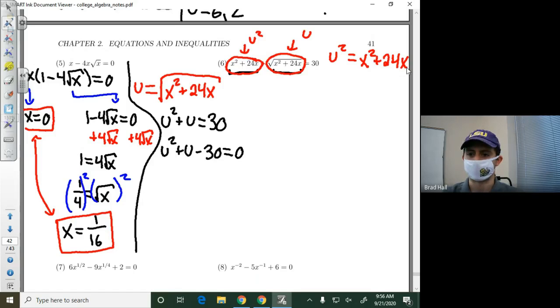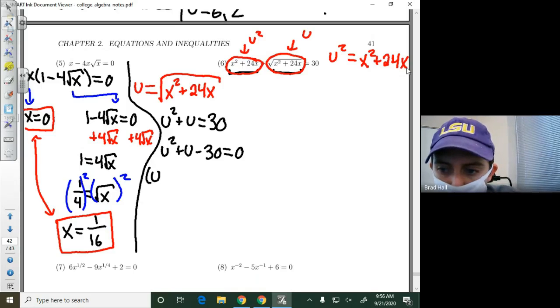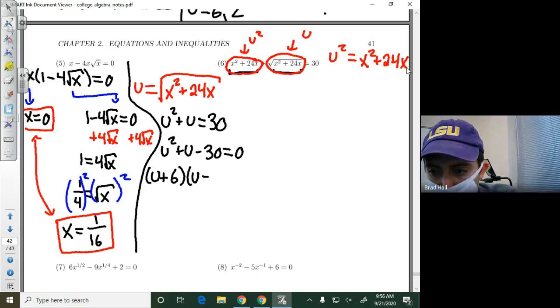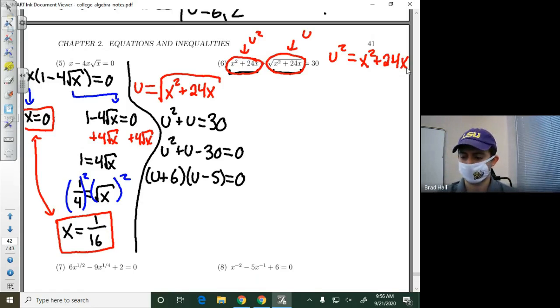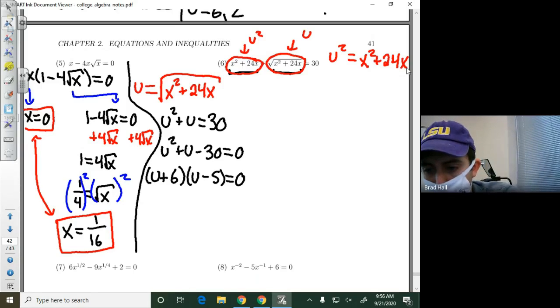Once we get it into standard form, we can go ahead and factor. It's like 6 and minus 5. So we get that u is equal to -6 and +5.